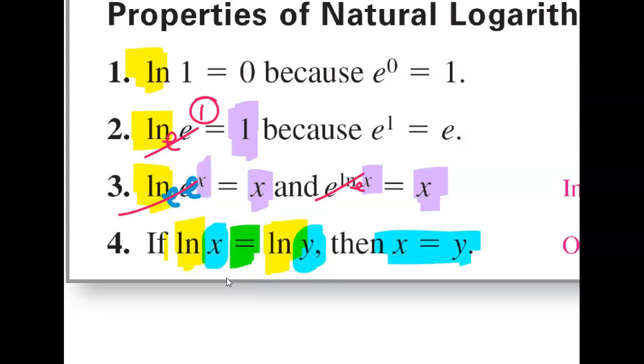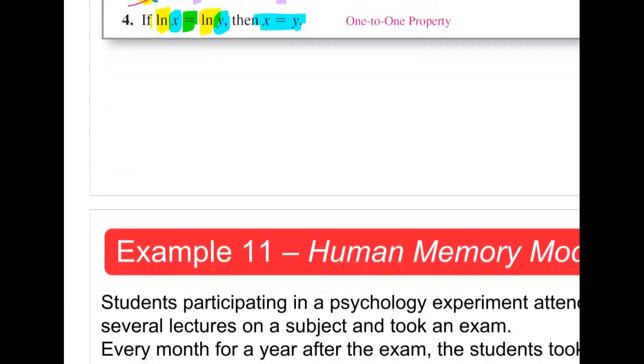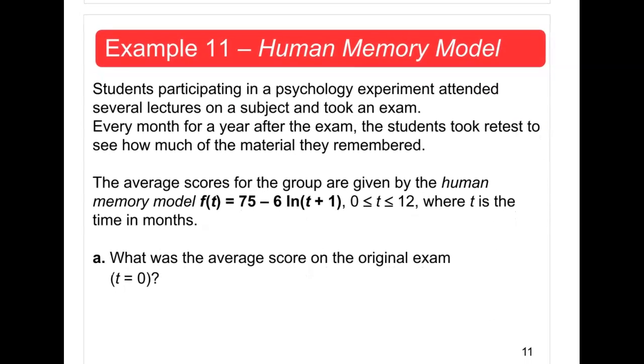Then we have natural log of 1 is 0, because if we convert it to exponential, it will be e to the power 0, and any number except for 0 to the power 0 is equal to 1. Okay, so that's it for those properties. You will practice them with your homework.